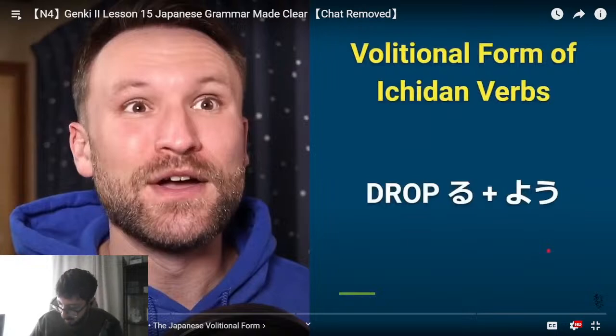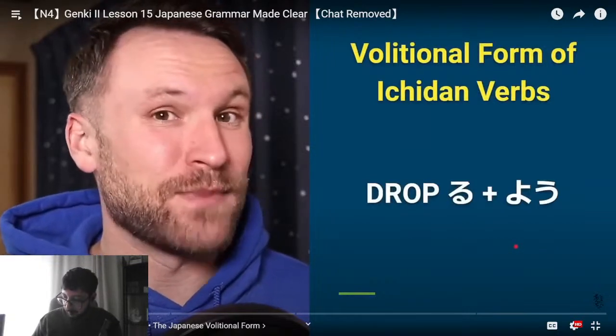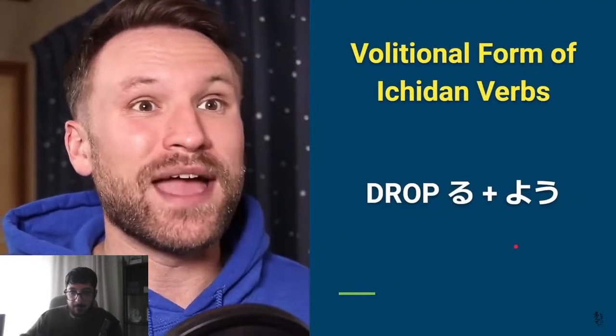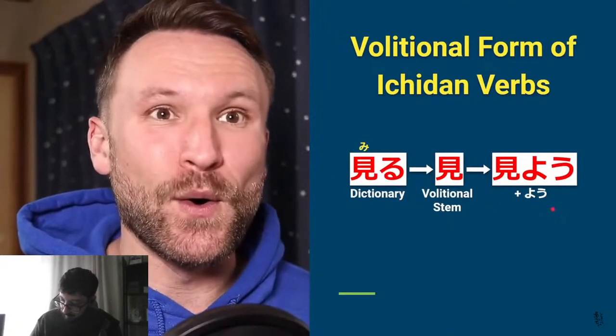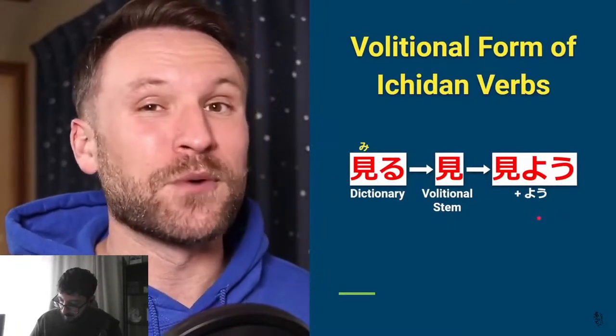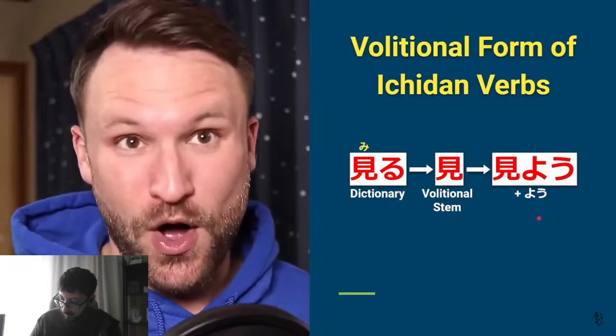Ichidan: you drop the ru and add yo. For ichidan verbs, the ones that end in the sound iru or eru. For example, miru, you cut the ru and add yo. Miyo. So before we had aruko, that means let's walk.